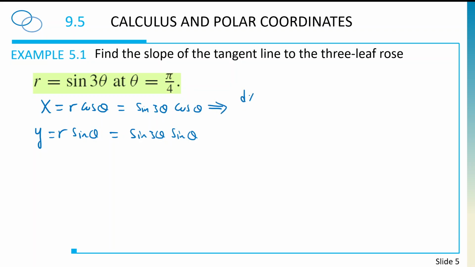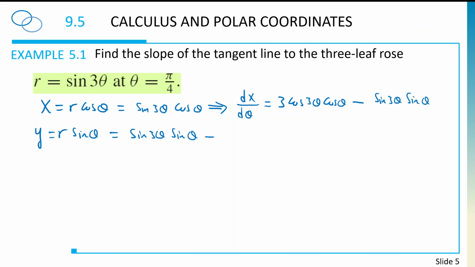So dx over d theta is the product rule again. This equals the derivative of the first, which is 3, don't forget the chain rule, cosine 3 theta cosine of theta, and then plus, I leave the first and find the derivative of the second. We need a negative sign, so this is minus sine 3 theta sine theta.